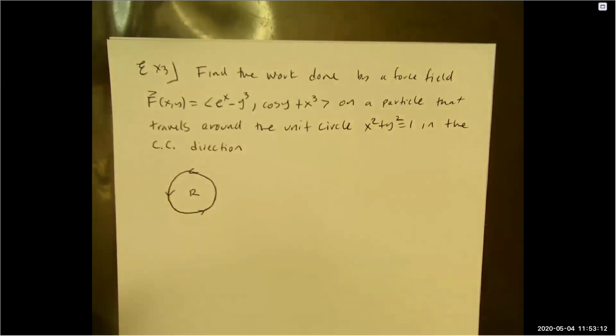Now, one thing I want to point out before I get started on this, you may wonder, can you use Green's theorem when you have a vector field in space, so you have 3 component functions? And the answer is no. There's another higher dimensional version of Green's theorem called Stokes' theorem that we're going to be looking at the end of the class.